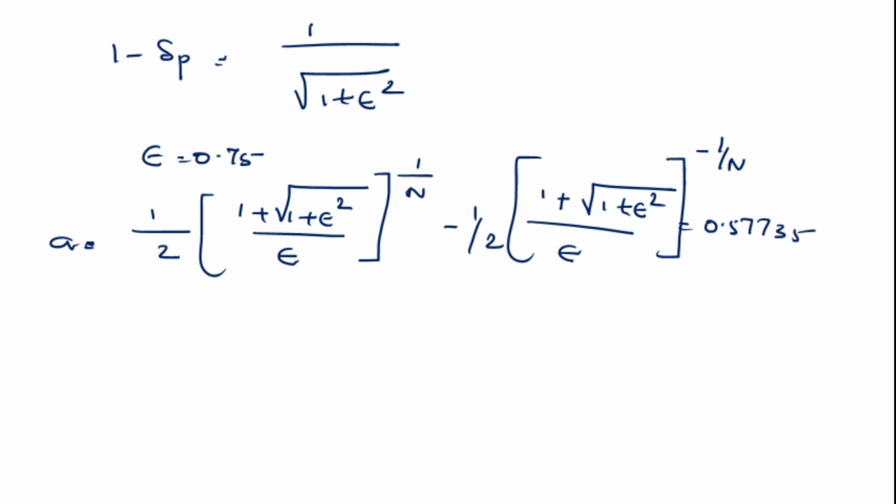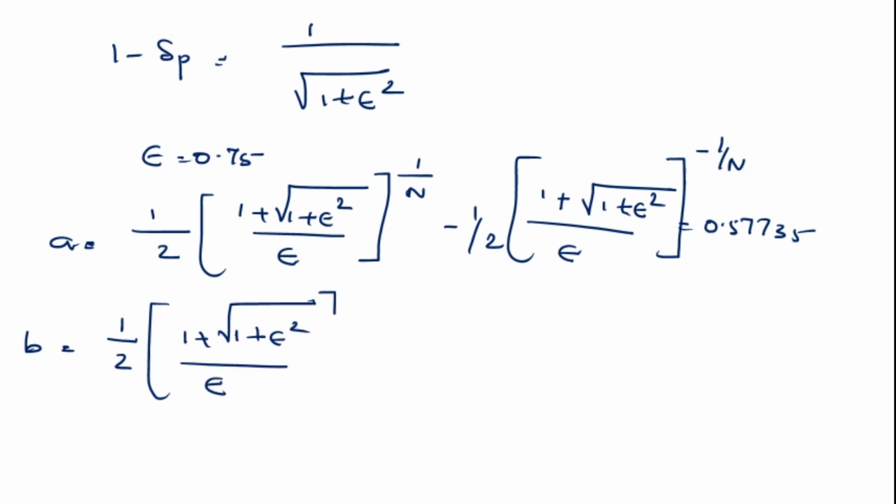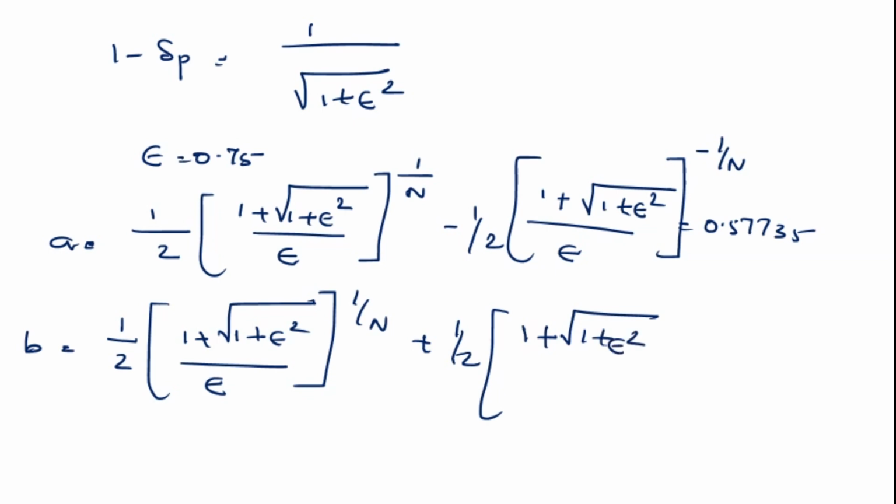Similarly, b is equal to 1 by 2 into (1 plus root of 1 plus epsilon square, by epsilon) to the power 1 by N, plus half into (1 plus root of 1 plus epsilon square, by epsilon) to the power minus 1 by N, which is equal to 1.1547.